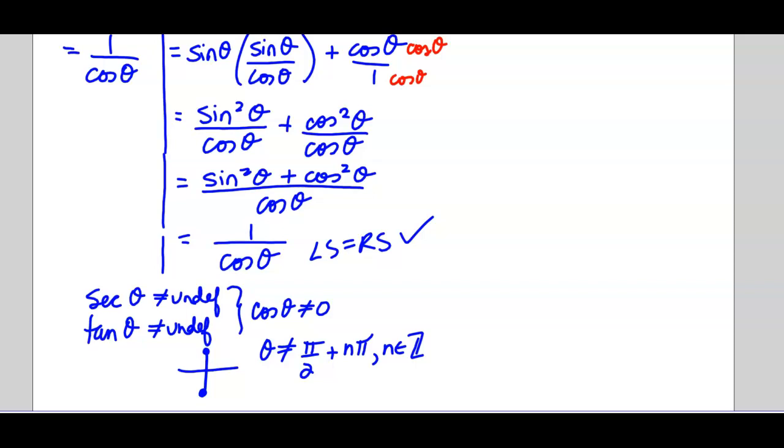Okay, so part B, obviously the left side of part B is way more complicated than the right side, so you want to try to simplify the left side.